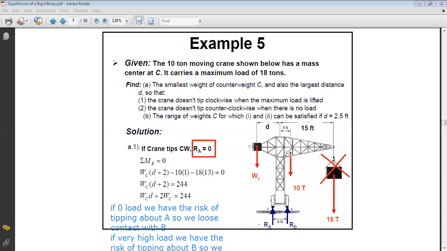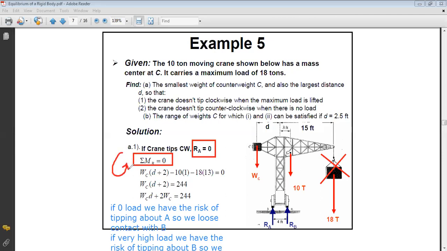WC is not known, but I want to find a relation for WC. So I want to find an equation including WC, and to get rid of RB, I will do sum of moments about B. So I will write my condition that sum of moments about B is equal to 0. And I will choose a positive direction. Let us consider the positive direction as counterclockwise.